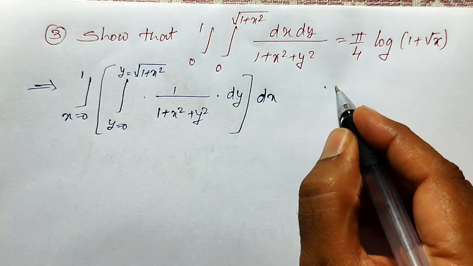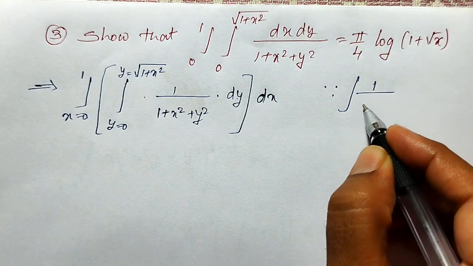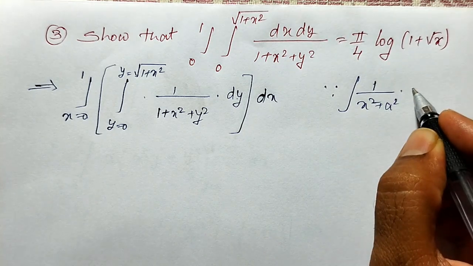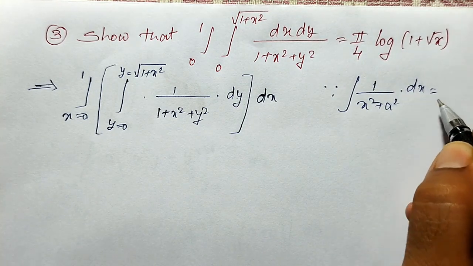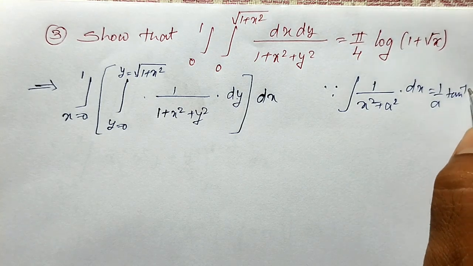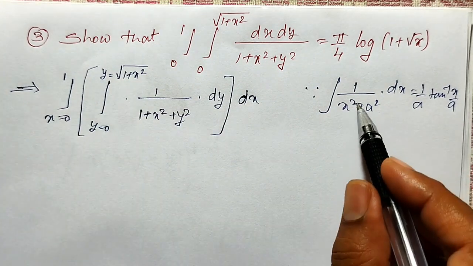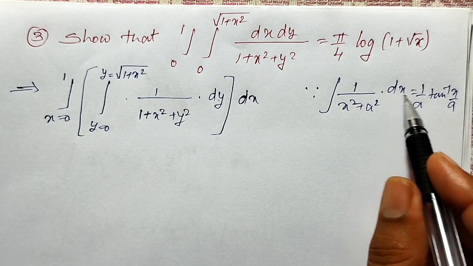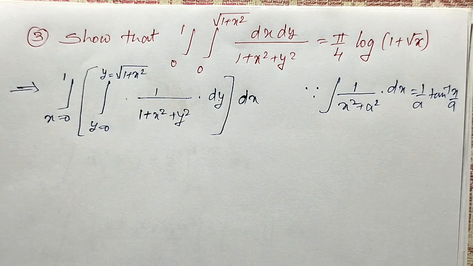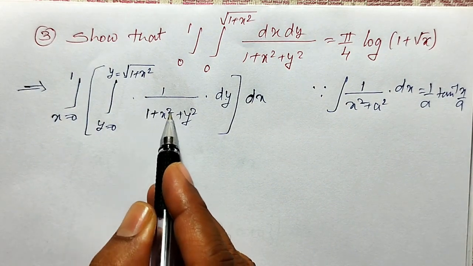Therefore I am going to apply the formula: the integration of 1 divided by x square plus a square dx is 1 by a tan inverse of x by a. This formula I am going to apply, but here 1 plus x square in total is treated as constant.